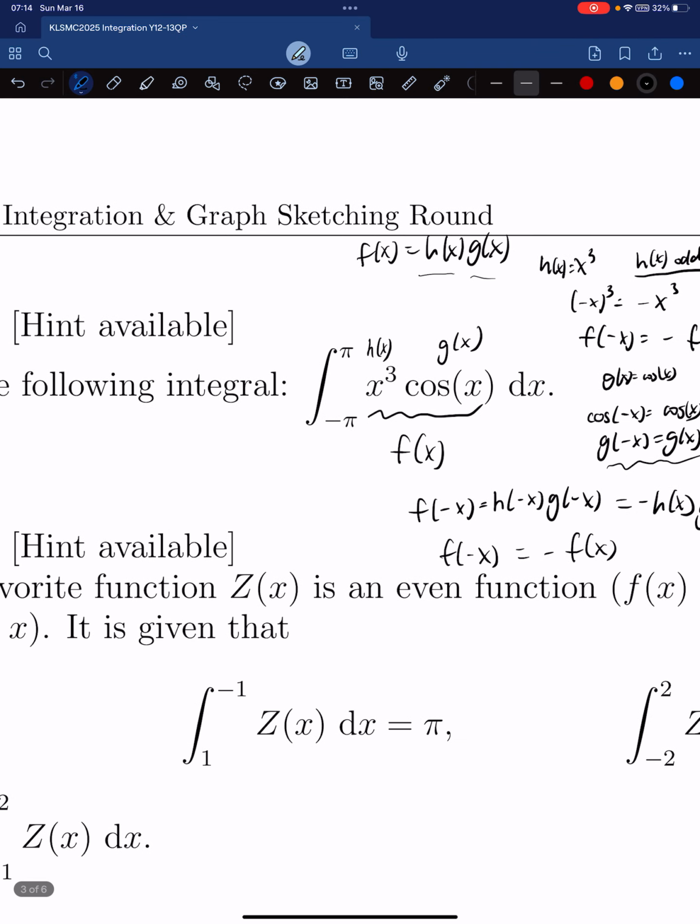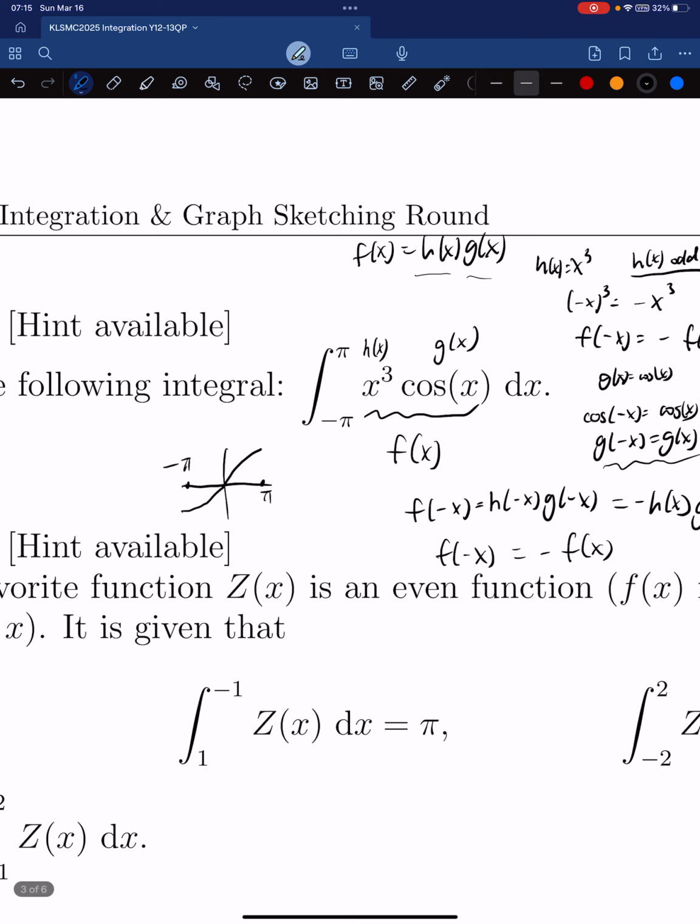Because f of negative x equals negative f of x, the graph must look something like this. That's a terrible drawing. If I integrate from negative pi to pi, because if we flip the sign of x, the y value also flips, the areas cancel out. So the result of this integral is 0.